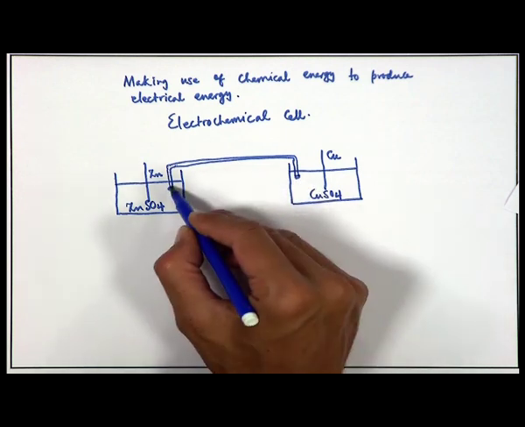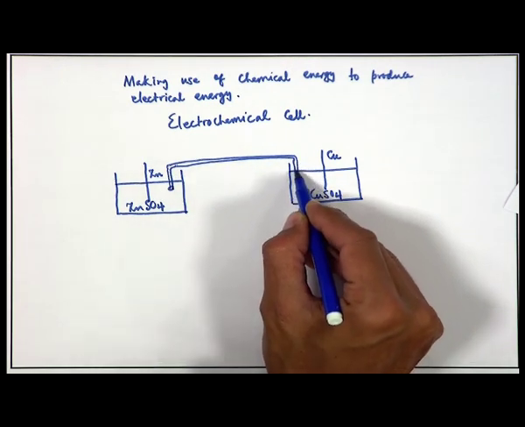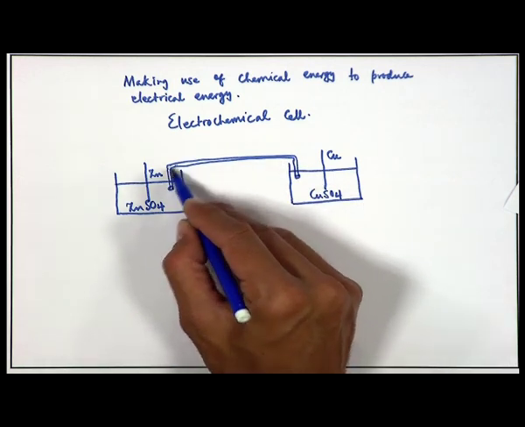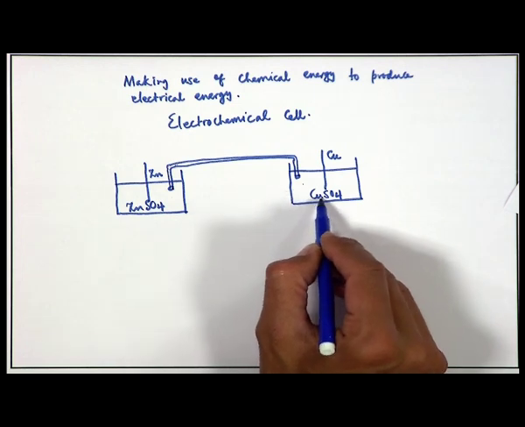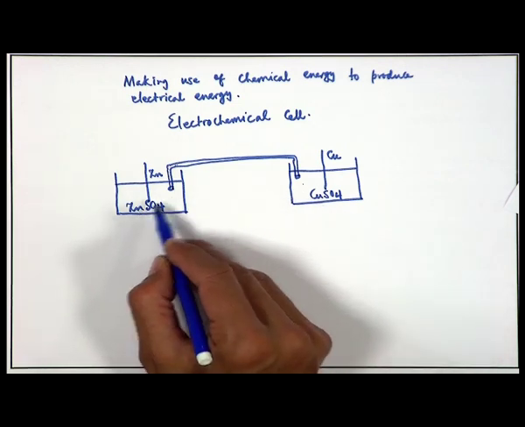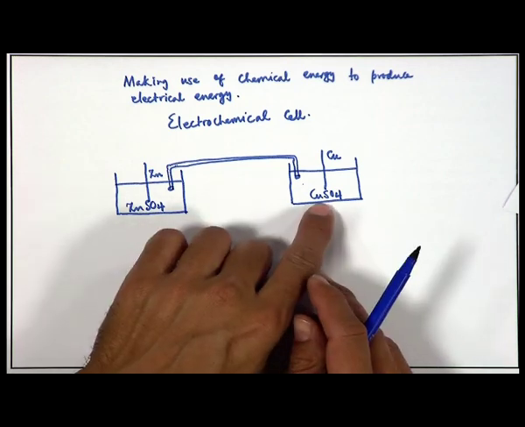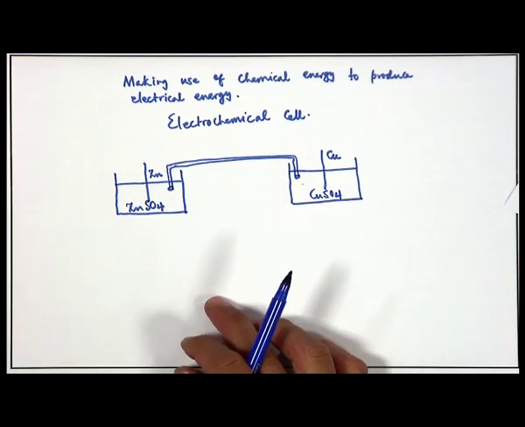This is basically acting as an electrolytic joining line between these two solutions, copper sulphate and zinc sulphate, and the good thing is that neither zinc sulphate nor copper sulphate is able to mix with each other by this arrangement.